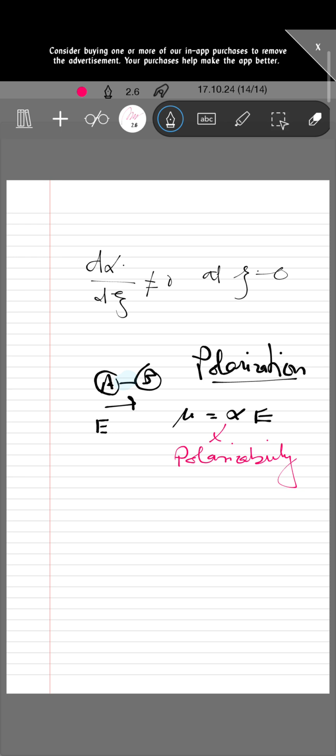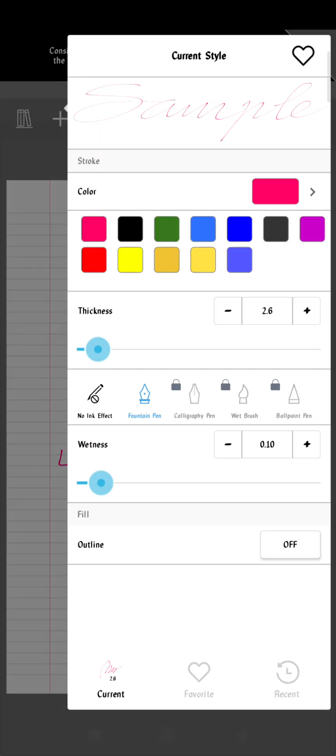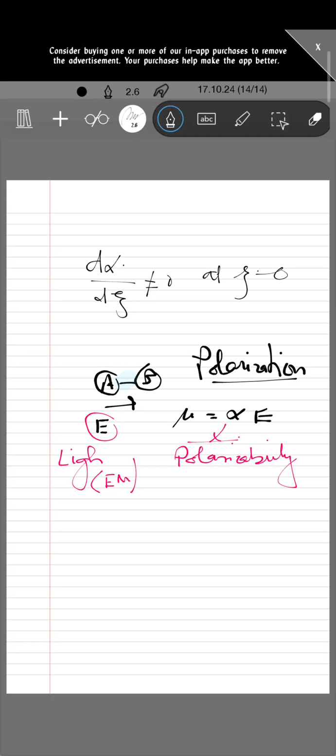Now, this electric field is basically from light. That is, light is an electromagnetic field, so the electric component of the light causes this sort of activity. Now, in this AB molecule, the molecule can undergo different types of vibrations.